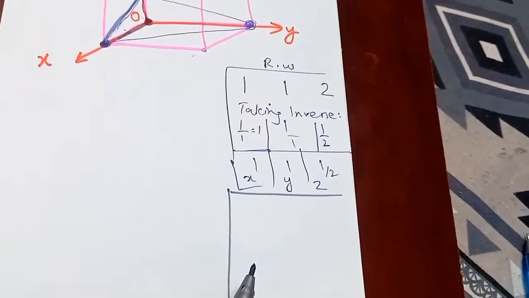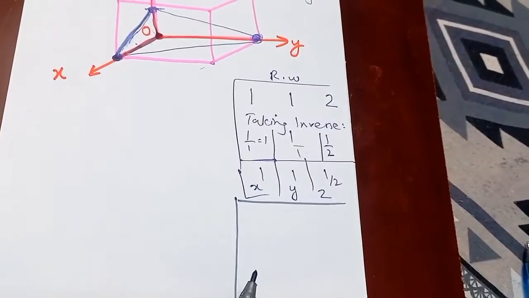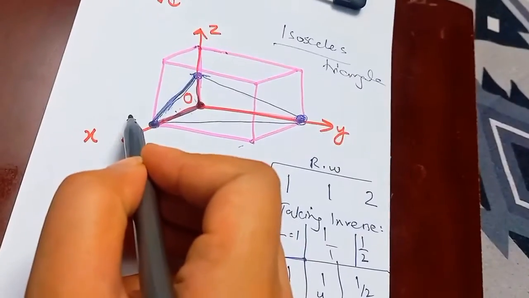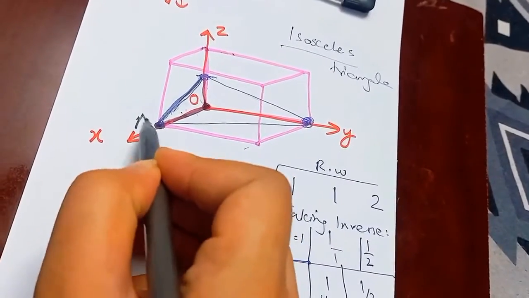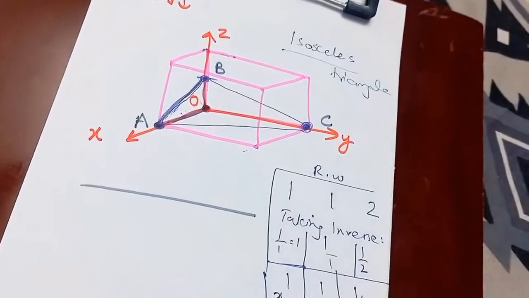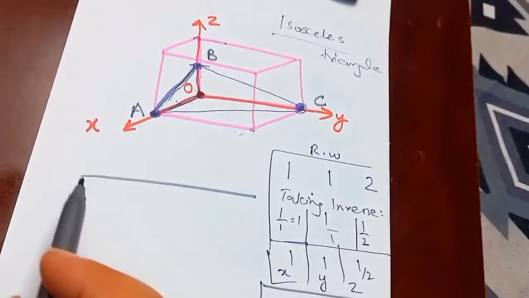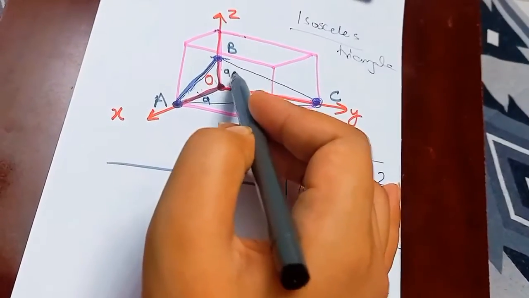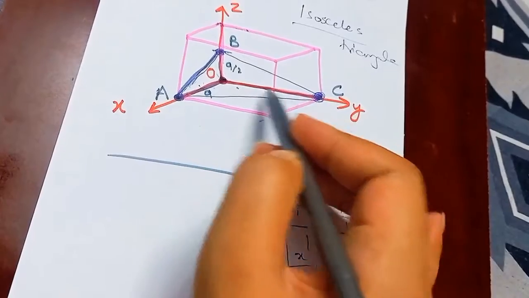Let me call this point A, this point B, this point C. This length is a, this length is a by 2, this length is a also.